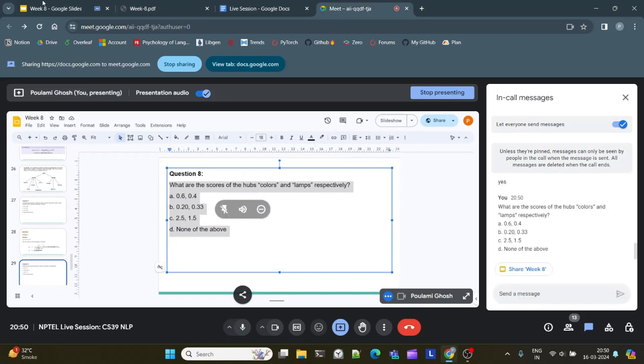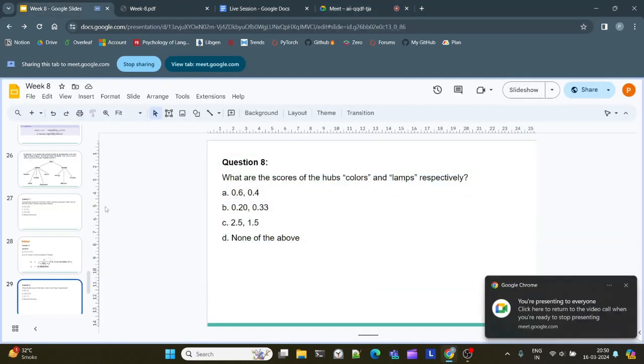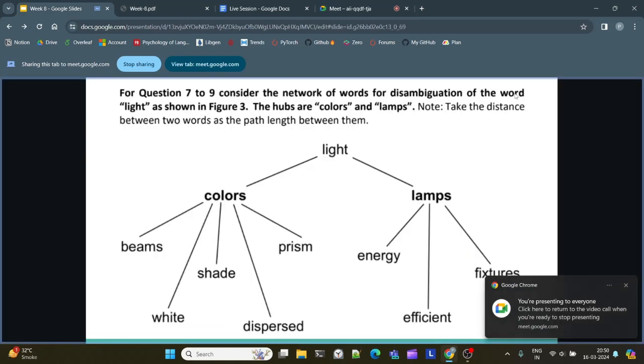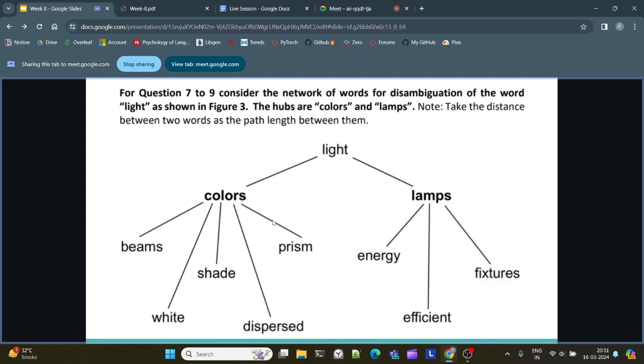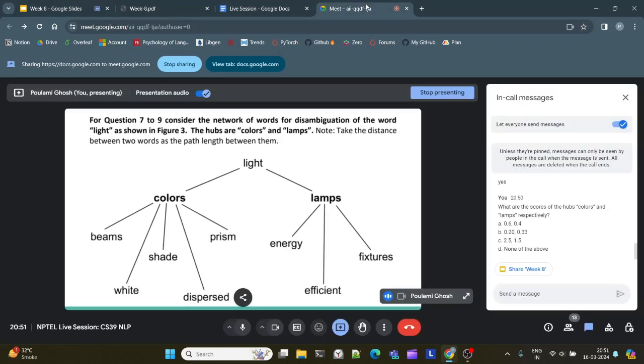I posted the question in the chat, and this is the graph. Please try once, this is very similar. Just the formula that you saw, you have to use it for every word that is there, and then simply sum it up for the hubs. That is how you solve this problem. I've given you a hint. Just try once and we'll discuss in a couple of minutes.